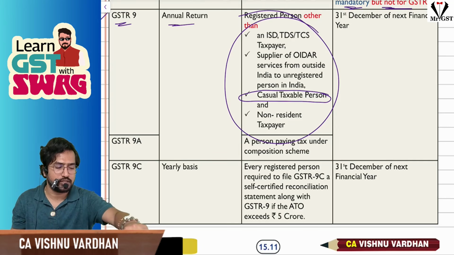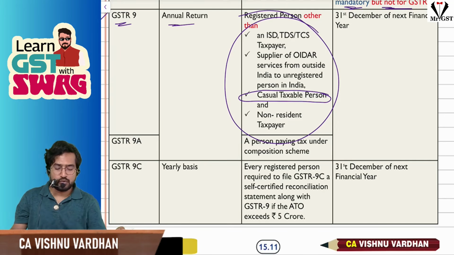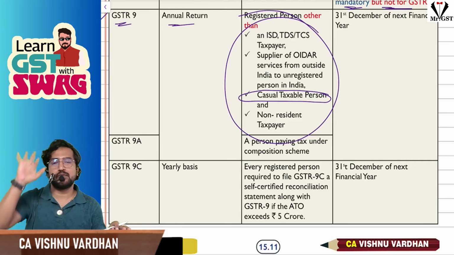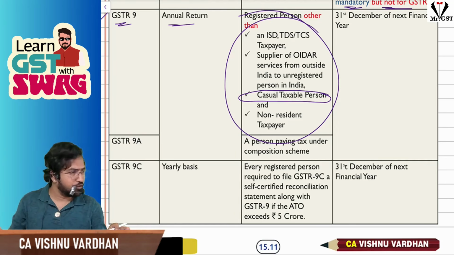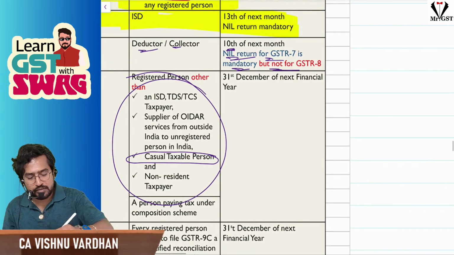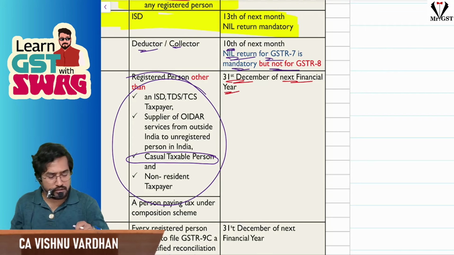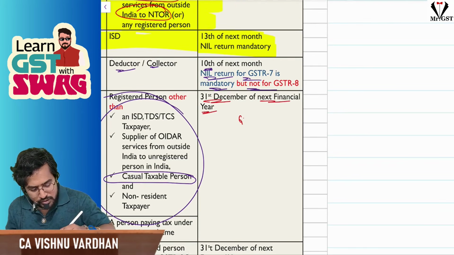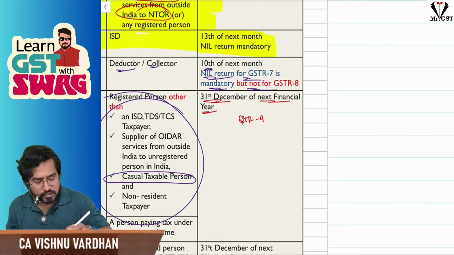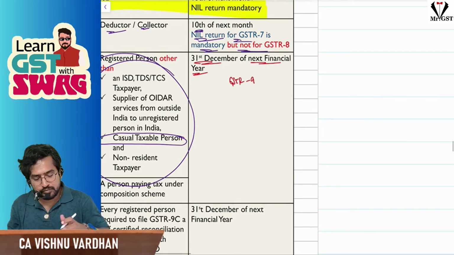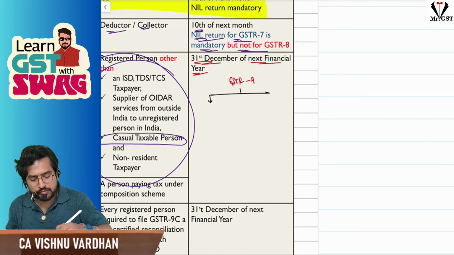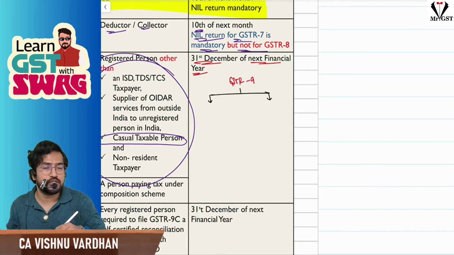Annual return, what do we do generally? Consolidation of what? GSTR 1 and 3B that you have filed for that particular financial year. And what is the due date? 31st December of the next financial year. About this we have already discussed. But one small extra point for you: is GSTR 9 mandatory or optional? It depends on turnover.